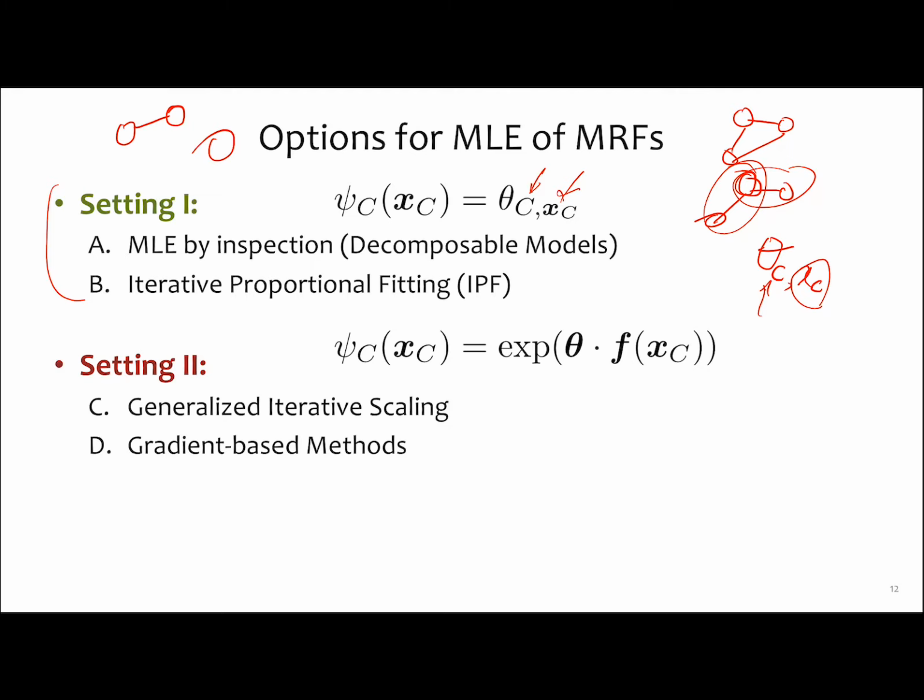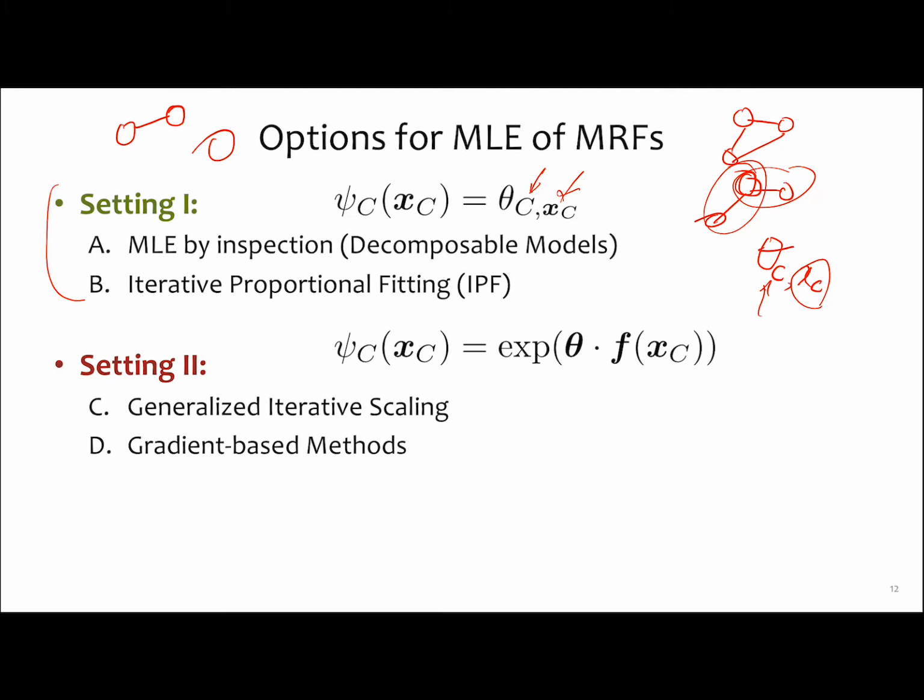So this is the first setting. In the first setting, we are going to talk about discrete random variables, discrete UGM. First I'm going to talk about the easy case, where things can quickly be solved without any inference and is a nice graph. And I'm going to make it a little bit more complicated by talking about IPF.